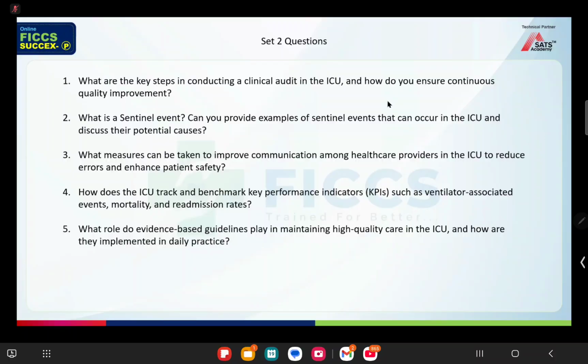The key steps in conducting a clinical audit will be to observe the procedures, whether the ventilator-associated pneumonia protocols or VAC bundles, or the CLABSI bundles are being followed in the ICU.